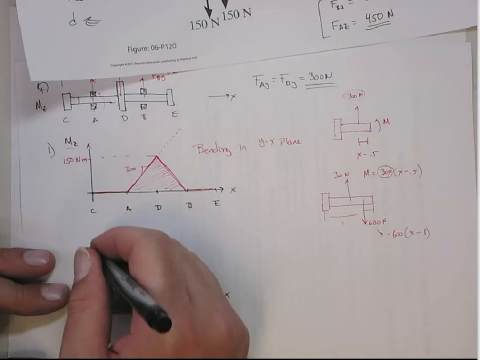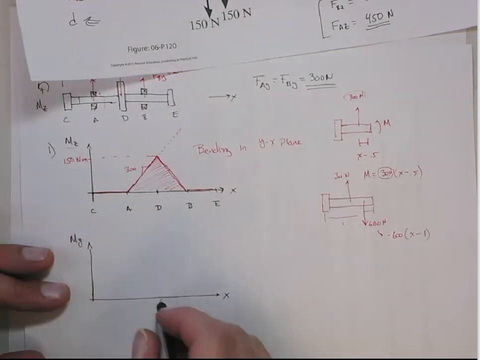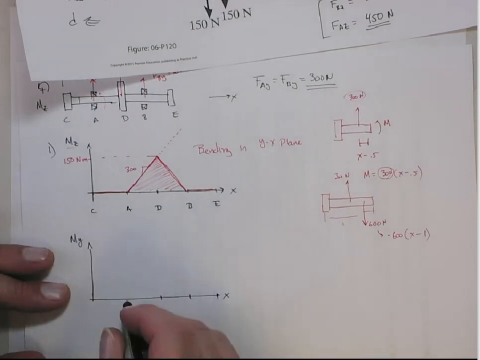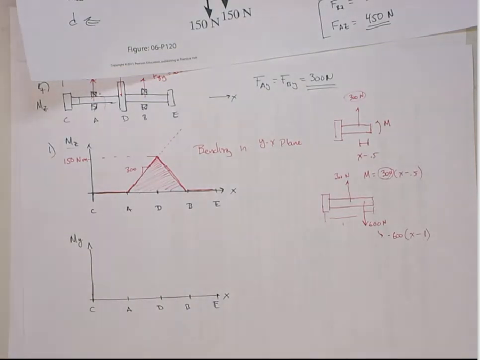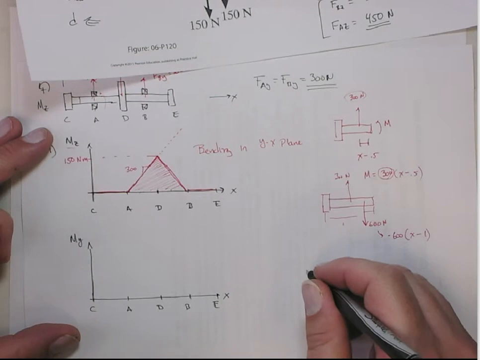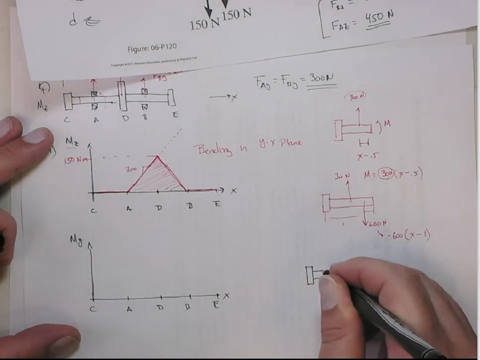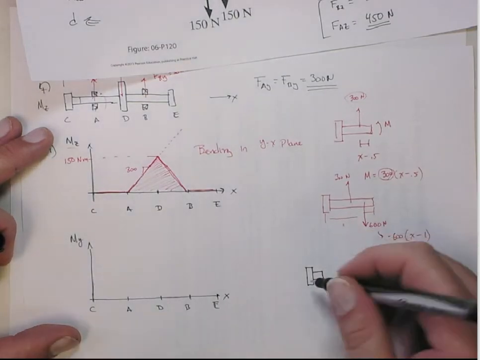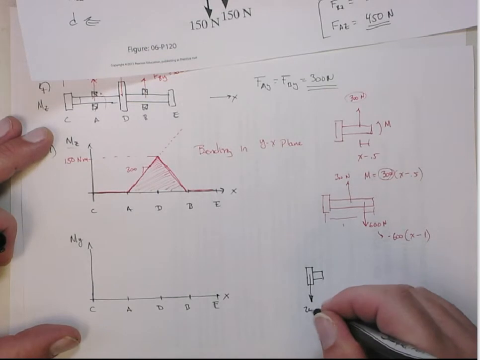All right, let's look now at the other plane. Here's x. Now we're looking at the bending moment around y. We're at the same points: C, A, D, B, and E. But now the forces look a little different. Between C and A, the only thing we have is downward 200 newtons.